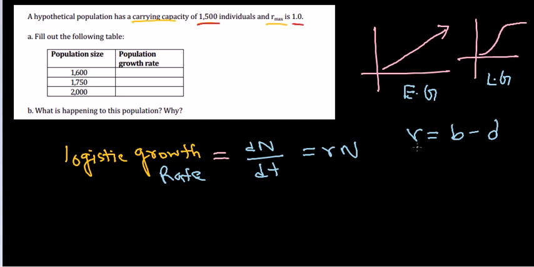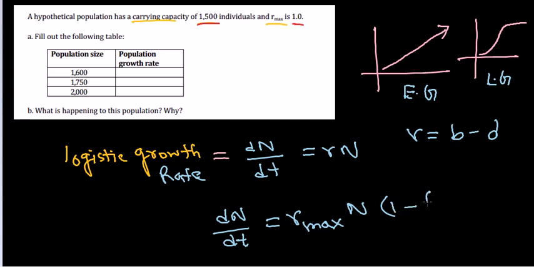That's how you get r. R means the growth rate generally, and growth rate equals dN by dt. That's the general rule. So we can write dN by dt equals R max, the maximum rate, multiplied by N into 1 minus N divided by K.